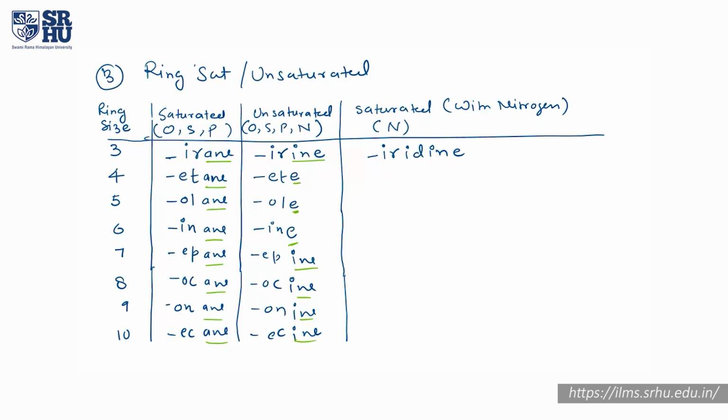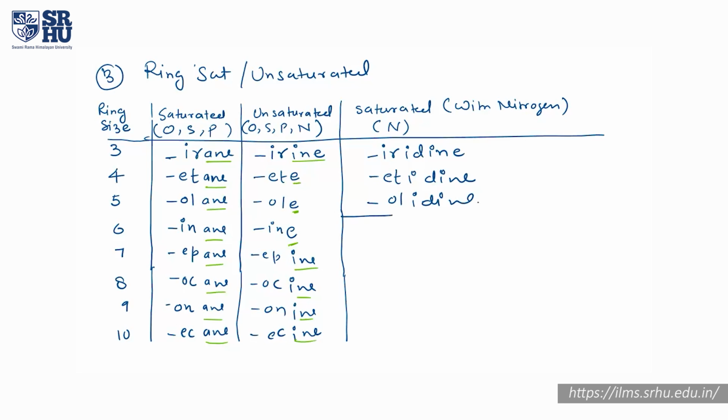Now what happens when we have nitrogen and it is saturated? If there is a 4-membered ring, then we have to use et, because et is used for 4-membered, and you have to use idine. For 5 members you have to use ol and then idine.